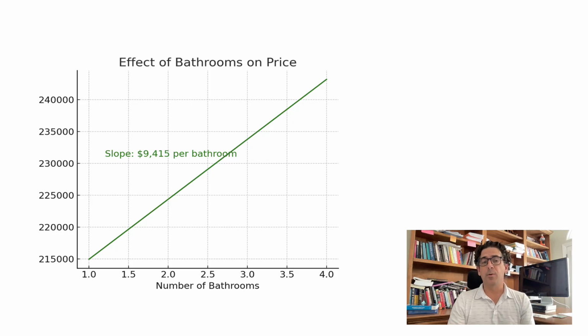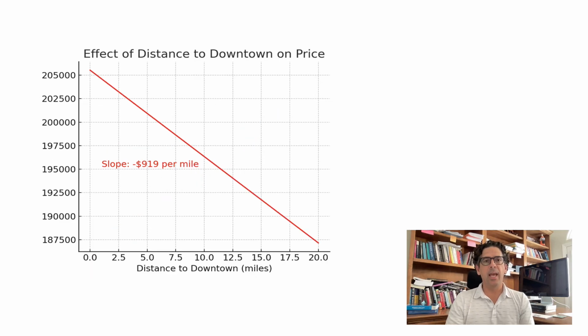We can also look at the number of bathrooms, and you can see what happens. As we add bathrooms, the price of the home goes up. The slope here is 9,415, so adding an additional bathroom adds $9,415 to the price of the home. And then finally, we have distance from downtown. The slope here is negative 919 per mile.